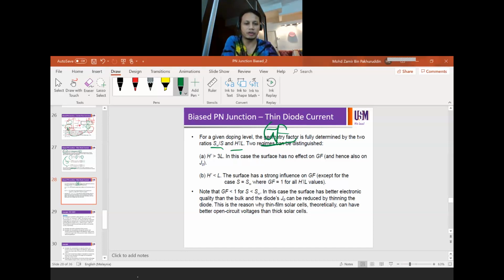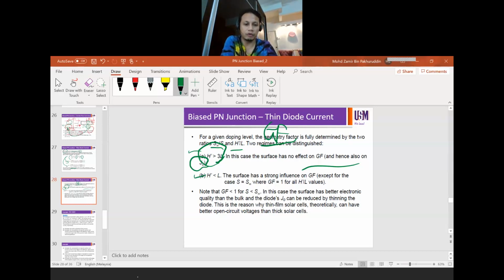When H is more than 3L, a more specific representation of the recombination we saw earlier, the surface has no effect on the GF, hence also on the J naught. This is for the thick diode. In the other regime, the surface has strong influence on GF.